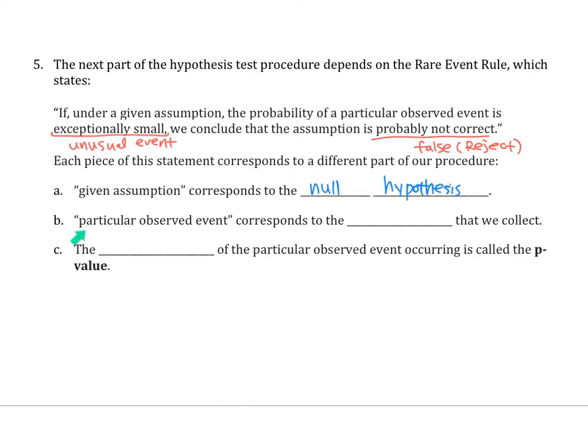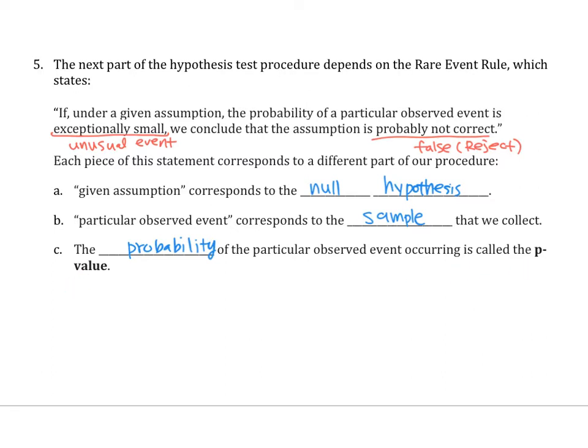A particular observed event means it's a sample, because that's what we survey and observe, right? And the p-value is the probability. Since we have to look at the probability to see if something is unusual, the probability of a particular observed event occurring is called the p-value.